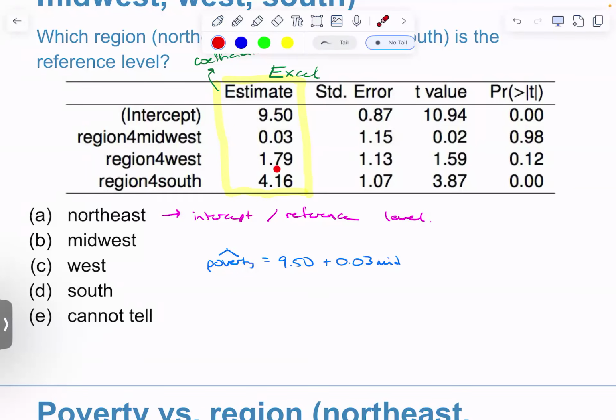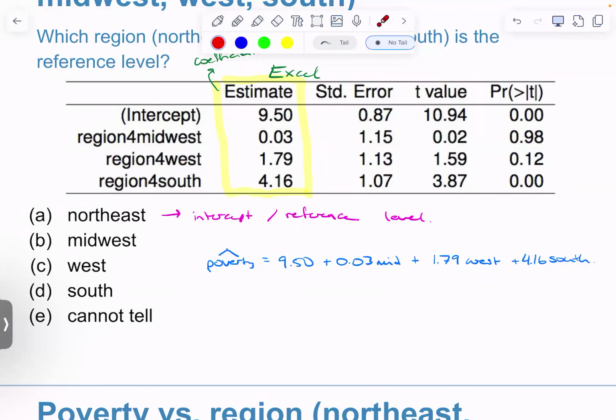And not in a cool way. Plus 1.79 times the West, plus 4.16 times the South. So you take these coefficients and you can build the model like this.